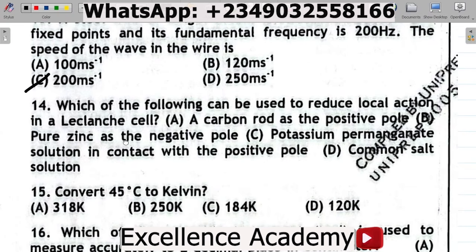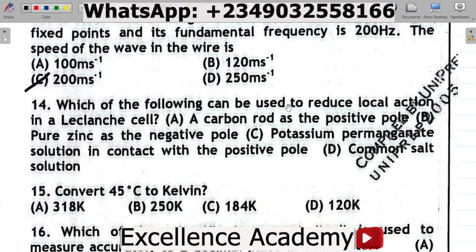Question 14. 14 says, which of the following can be used to reduce local action in a Lagrangian cell? A, carbon rod as the positive pole. B, pure zinc as the negative pole. C, potassium permanganate solution in contact with the positive pole. D, common salt solution. So how do we solve this question, or what's the answer?